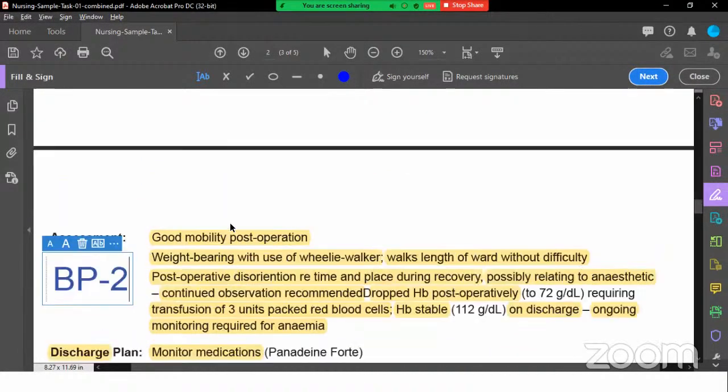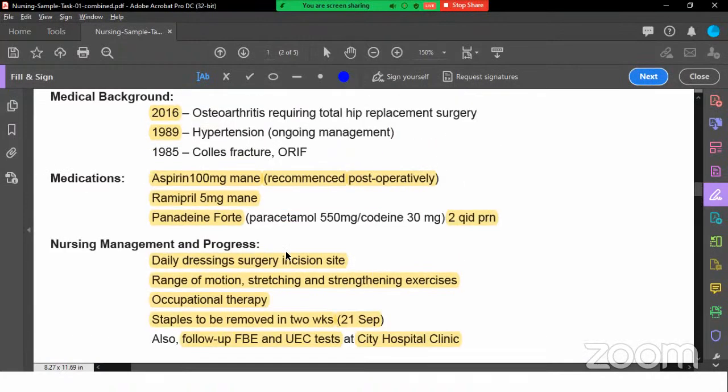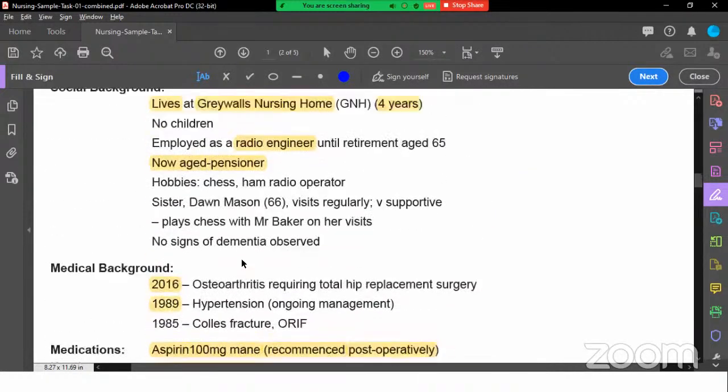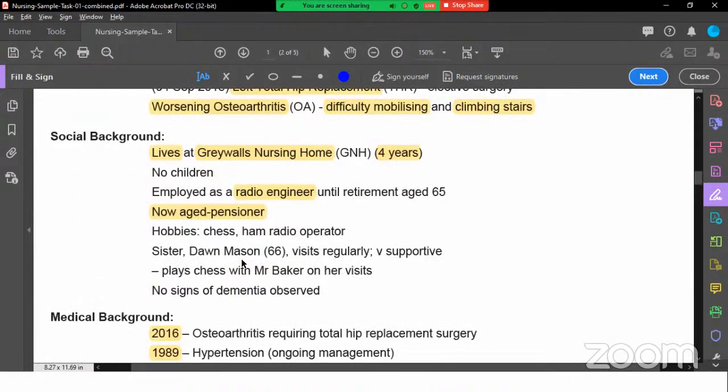And other important things are here, all the other things. You can write about what is going on.